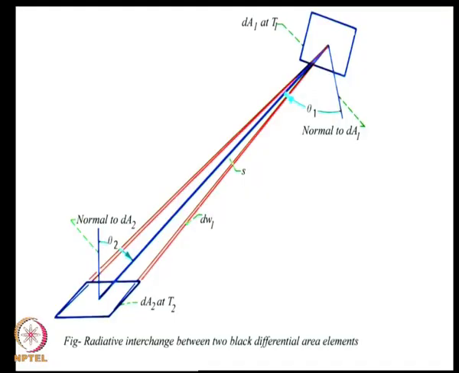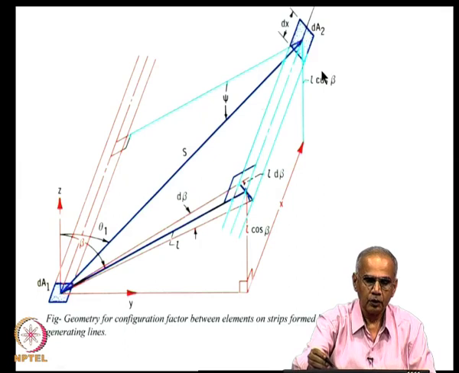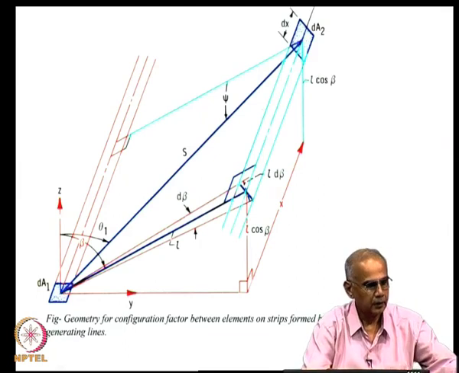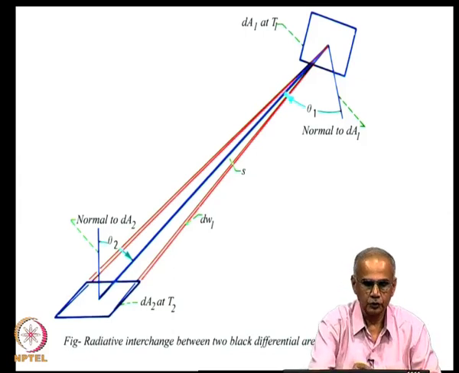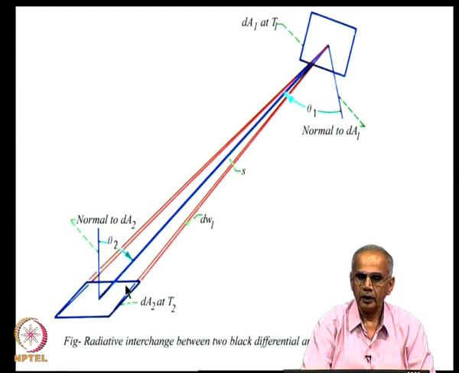Now, let us look at the example here. So, we want to ask of the radiation leaving the elemental surface dA1, what fraction reaches the surface dA2. Okay.